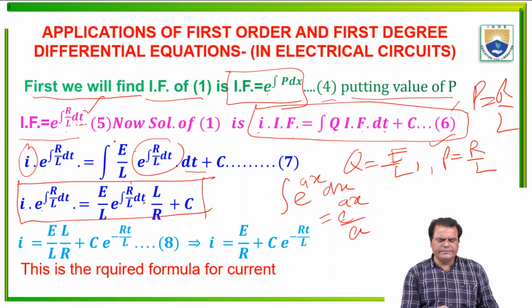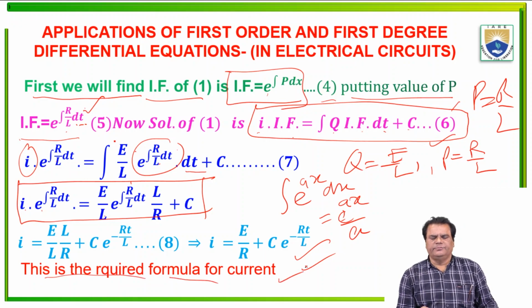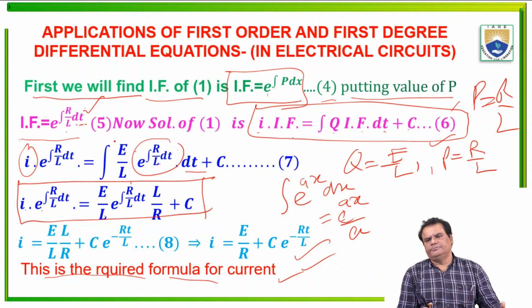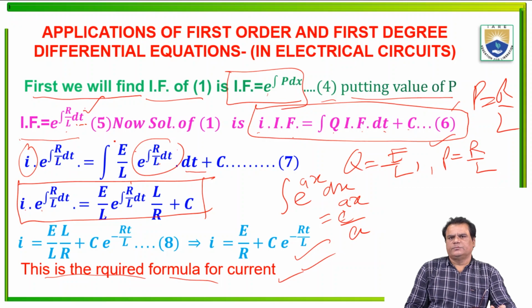Now divide by this here. Then we get this result. This is the required formula for current. We apply this equation in our problem. So this is the proof of the formula for current.